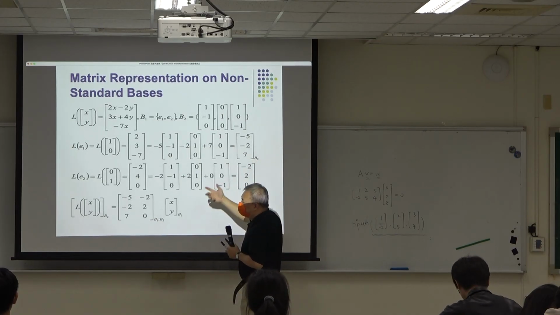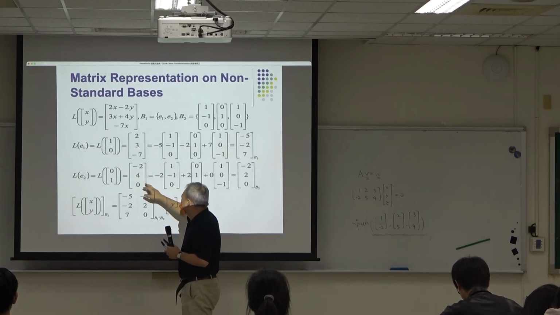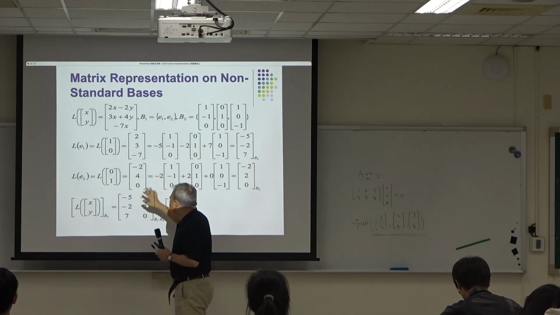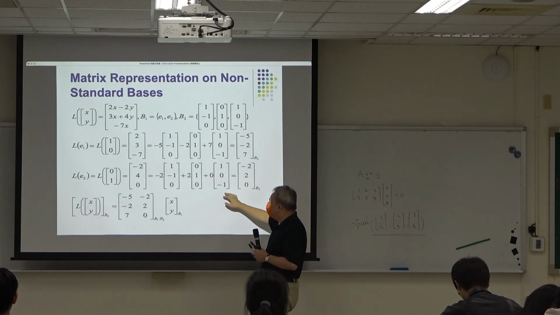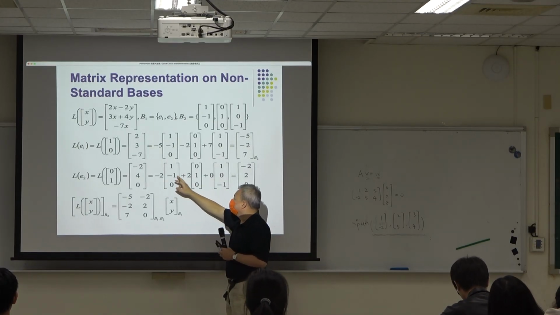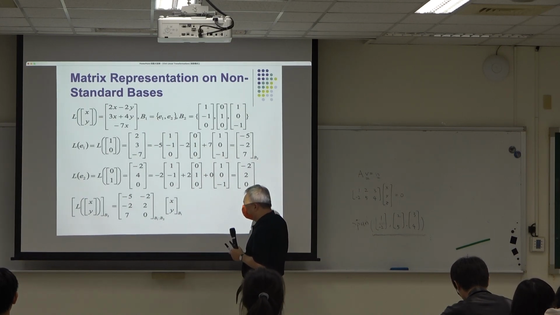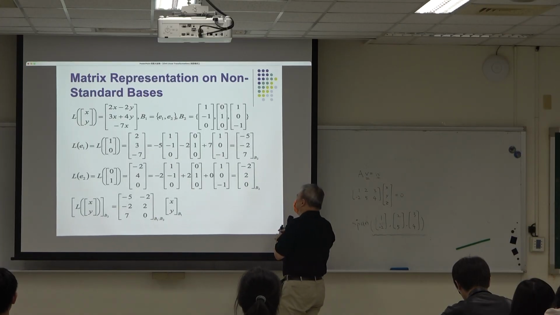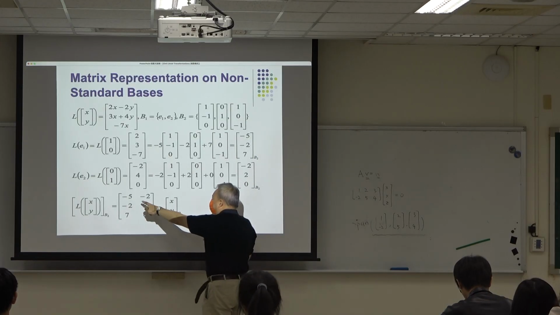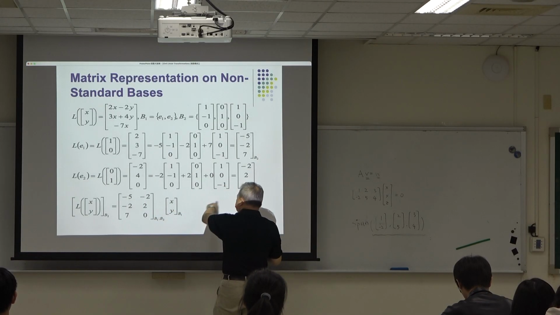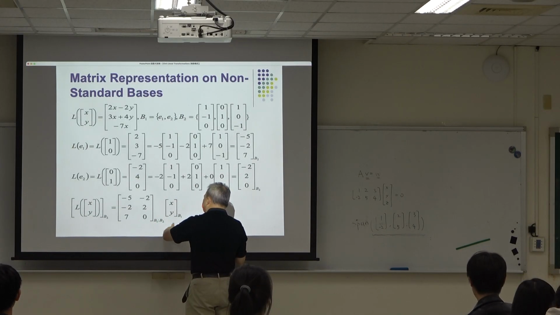Okay? And similarly, we plug in 0, 1. This is how we got it. But we need to represent this one as a linear combination of B2. Then we get -2, 2, 0 in B2. Having said that, you can put -5, -2, 7 here, and -2, 2, 0 here, and this is from B1, which is the standard basis.